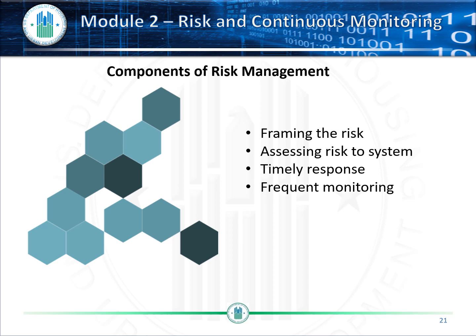Risk management is a comprehensive process that requires organizations to frame risk, that is, establish the context for risk-based decisions, assess risk, respond to risk once determined, and monitor risk on an ongoing basis using effective organizational communications and a feedback loop for continuous improvement in the risk-related activities of organizations.